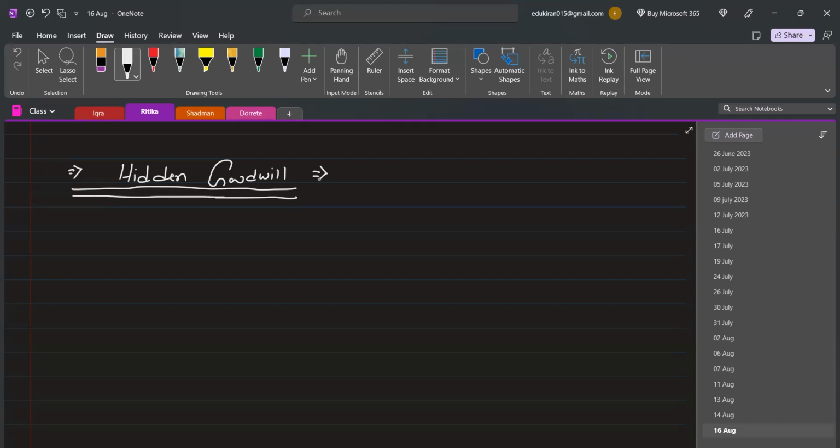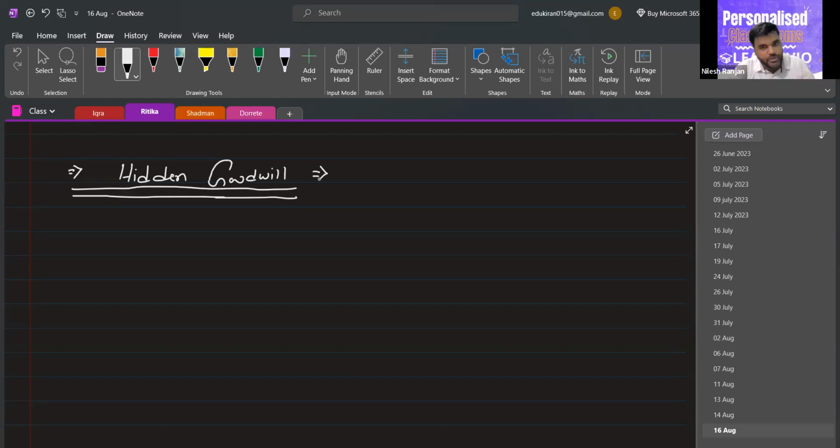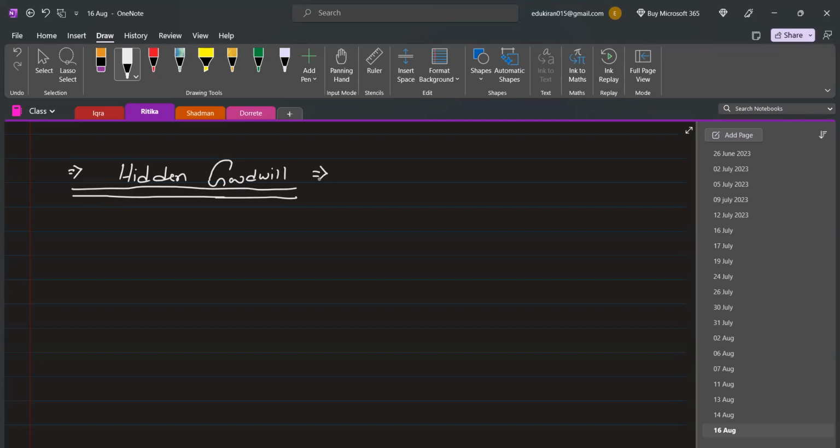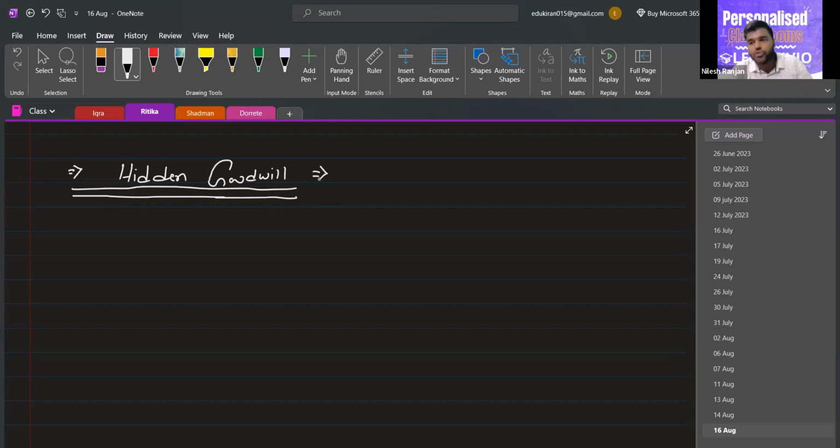What was the other point? When there is no information about goodwill and they ask you to do the accounting. Okay, sir. So these two conditions. First, there is no information about goodwill. If goodwill is given in the question, and then they ask you to do the accounting for goodwill, then also there is no hidden goodwill because it is already given.